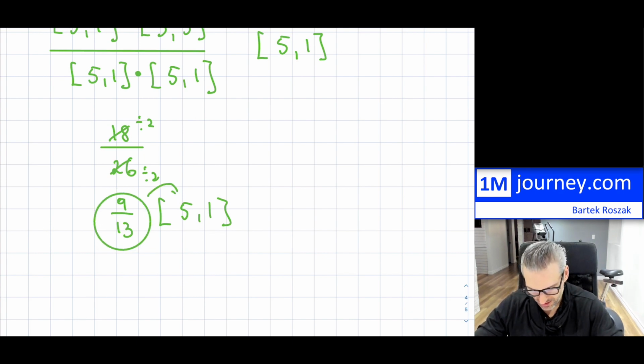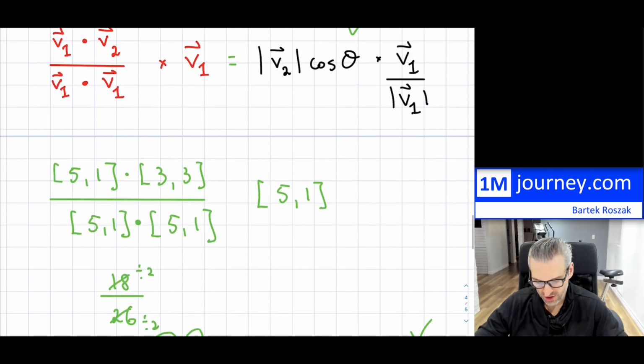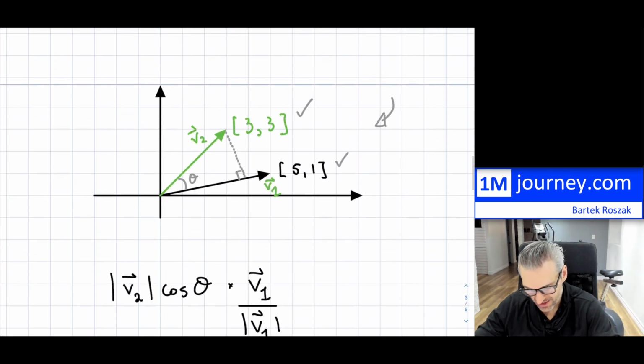Then 9 times 5 is 45, all over 13. And 9 times the 1 is just 9. So it's going to be this. And there you go. This is now the shadow that this would cast.